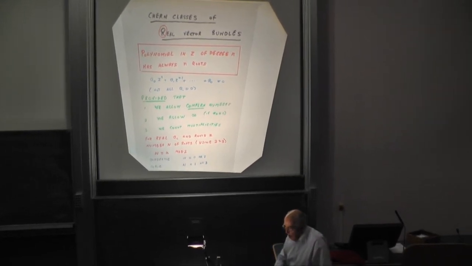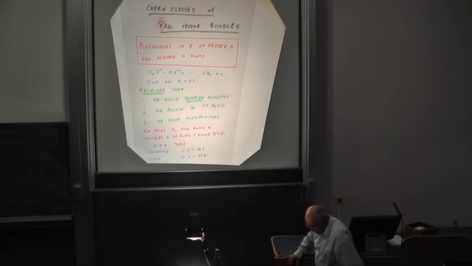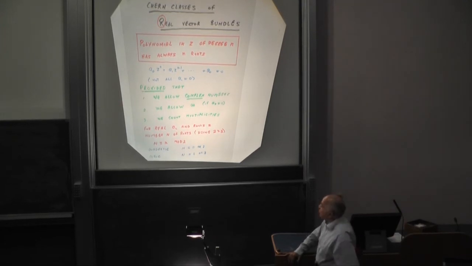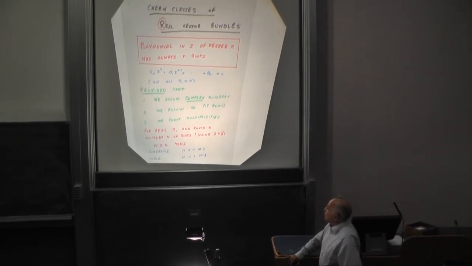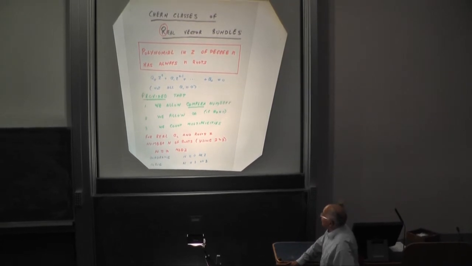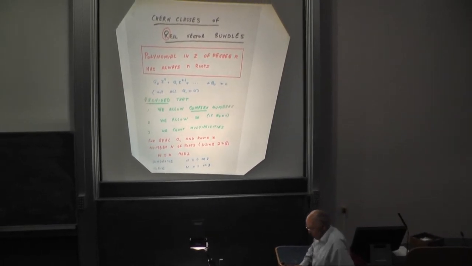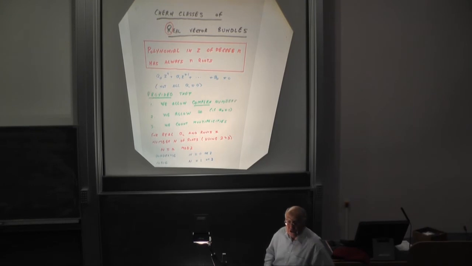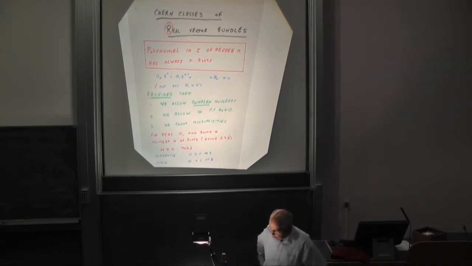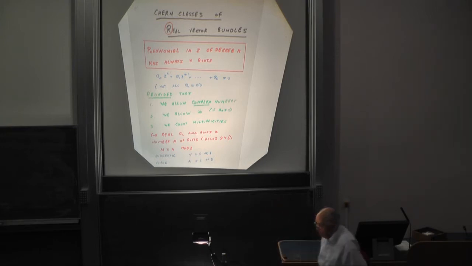Now let me start off with the fundamental theorem of algebra, as it's called, which says that a polynomial with a complex variable z of degree n always has n roots. A typical polynomial of degree n is written out, where of course not all the coefficients would be 0. This is only true so long as we do three things.